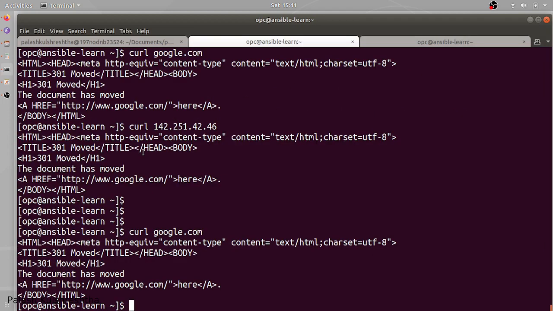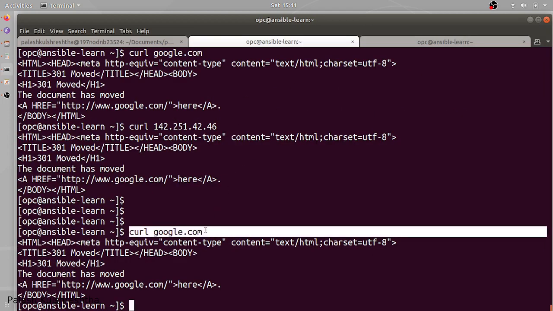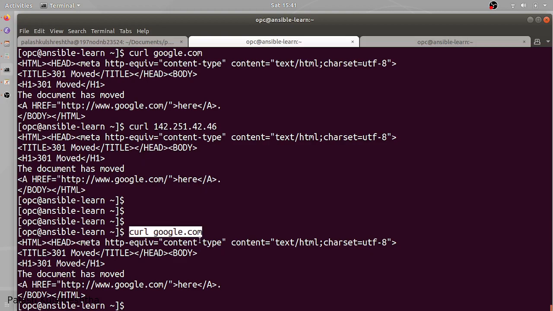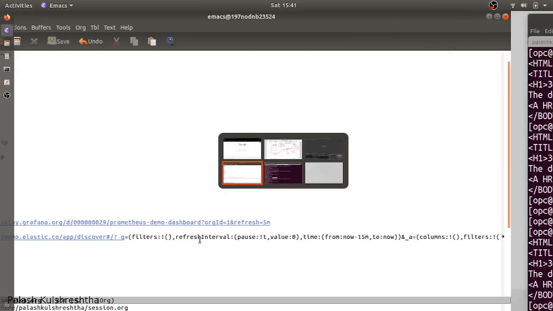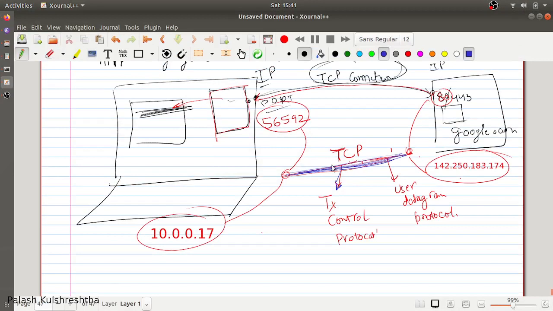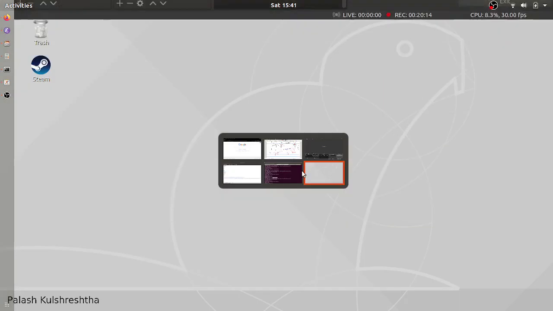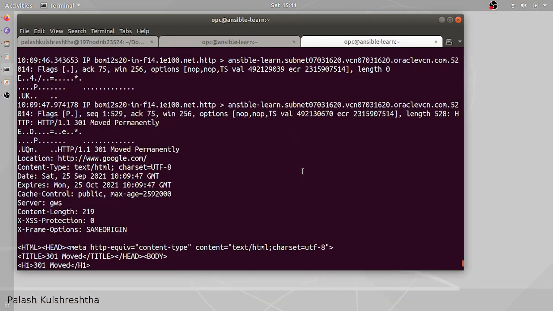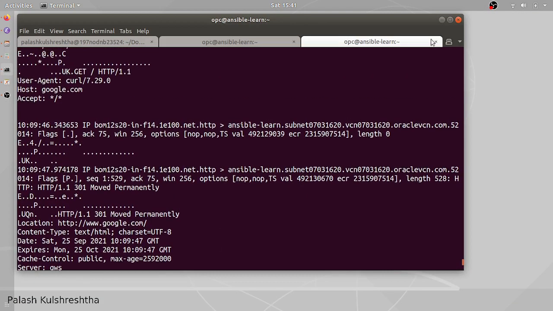So as you can see, when we hit curl google.com, it was converted to TCP packets. It was sent over the connection between google.com and your server. And once the response was received, let's try to debug it. Let's see what is happening here.